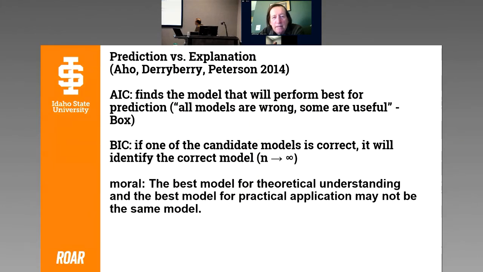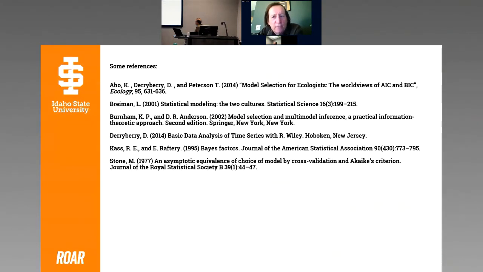So that might help understand where AIC and BIC fall. And then finally, these are just some references, including the two about the equivalence between AIC and leave one out cross-validation.